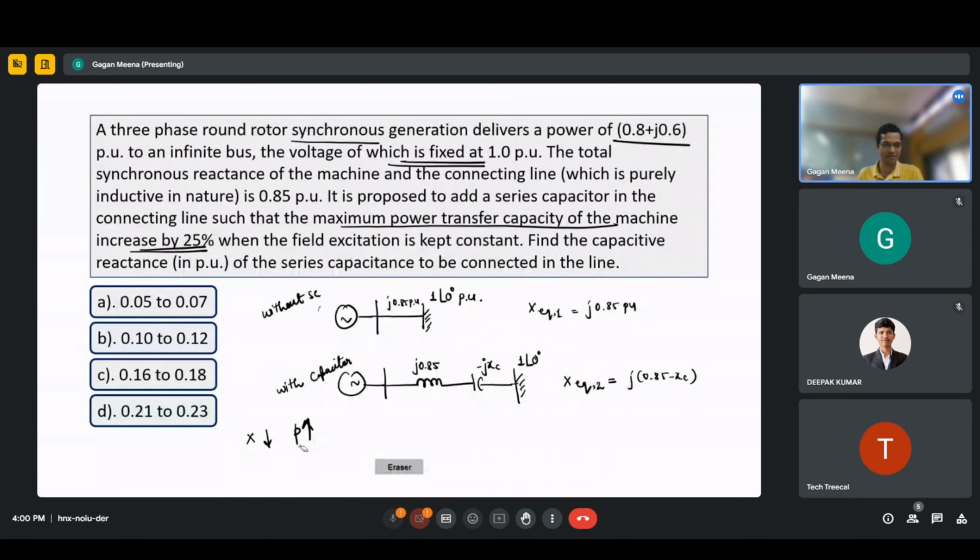Because if we have two buses V1, V2, this is angle 0, this is angle delta, and this is X. What is the power transferred here for this line from the sending end to the receiving end? Do you know this?